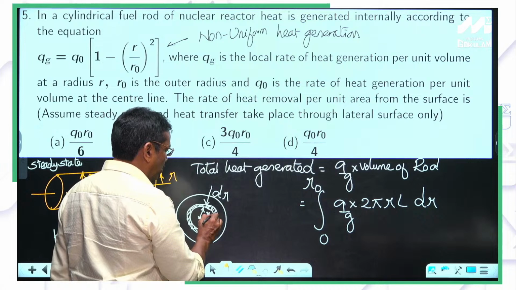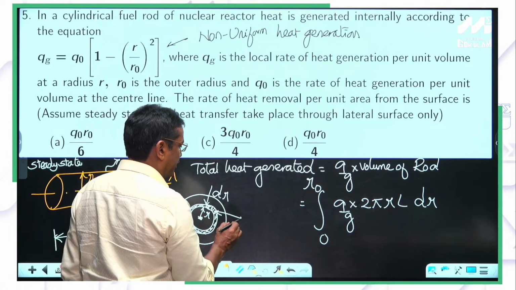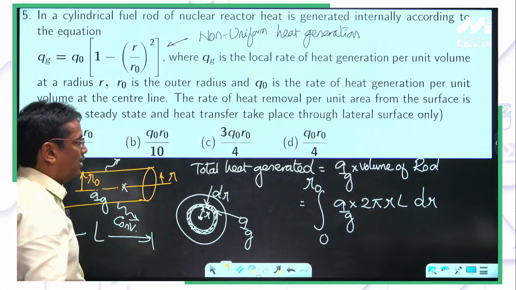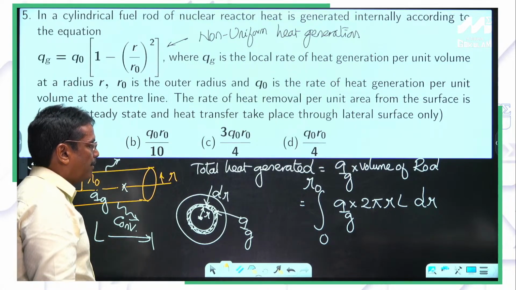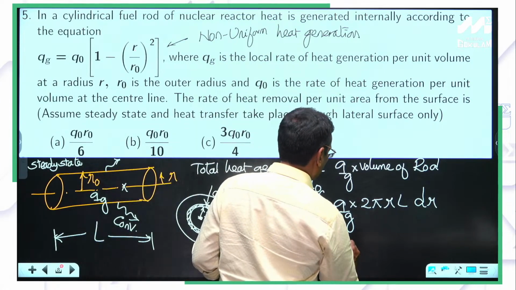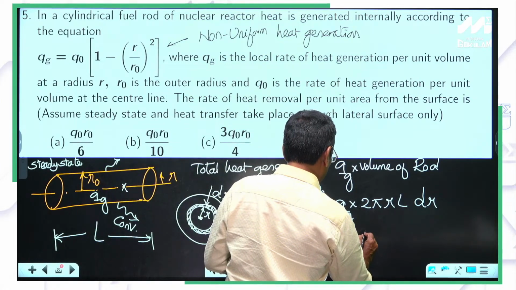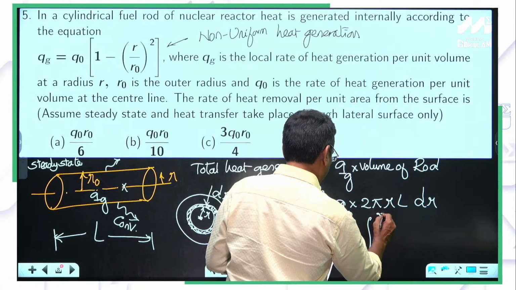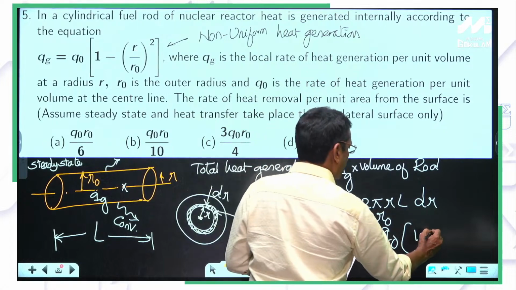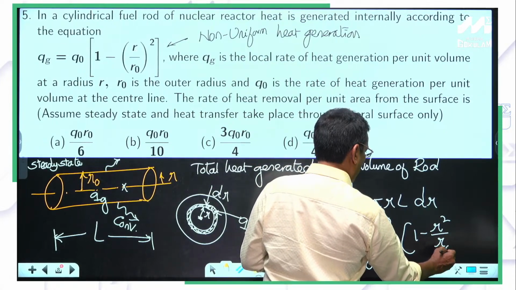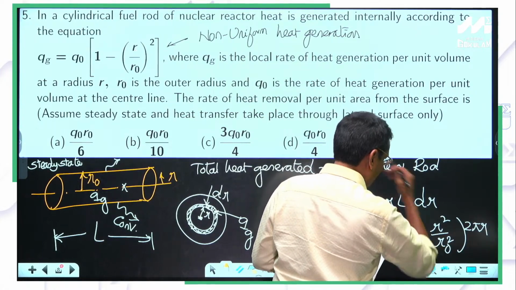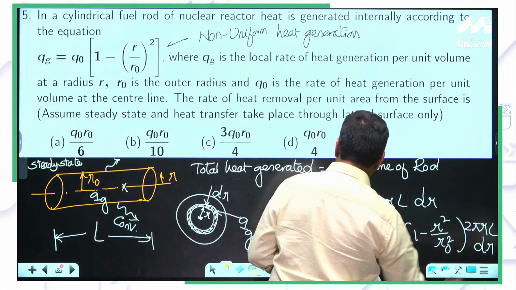Qg is the heat generated at that location, which has been given by that. That will be taken as integral 0 to R naught Q naught into 1 minus R square by R naught square into 2 pi R L dr. L is the length of the rod.